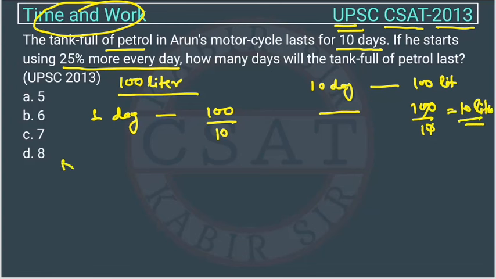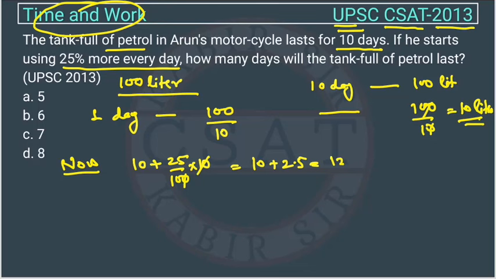But now what happened? He is using 25% more, right? Previously he was using 10 and now 25% more, 25% of 10, so this will be 10 plus 2.5, so it will be 12.5.